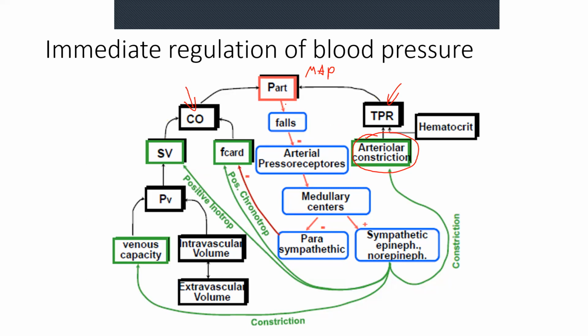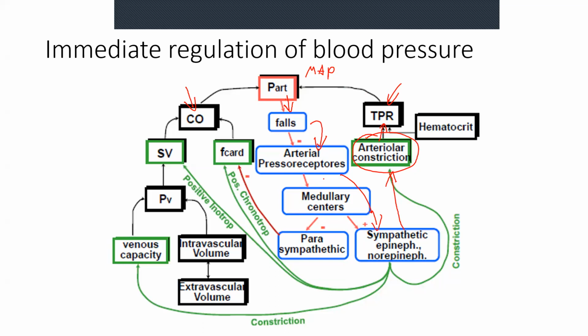Now, if your arterial pressure falls, this is going to activate the pressure receptors in the arteries, and this is going to lead to activation of the sympathetic nervous system. What the sympathetic nervous system is going to do is cause more arteriolar constriction, which increases total peripheral resistance and thus increases arterial pressure.